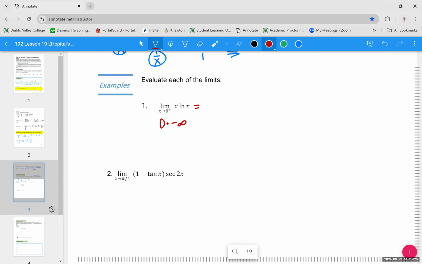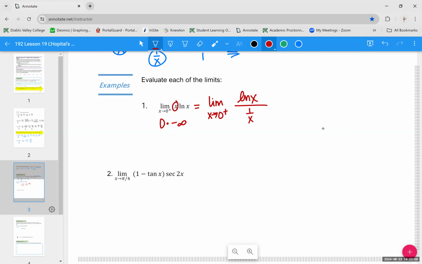So when you go to flip one of these and put them in the denominator, you really just want to think about which one of these, when you take its derivative, its reciprocal is not going to be crazy. So would you rather take the reciprocal of x or of ln x? I would definitely rather do 1 over x, right? Ln x is going to give me a bigger issue if I have to take its reciprocal and then do the derivative. So we're going to leave ln x on top and we'll move the reciprocal of the x.